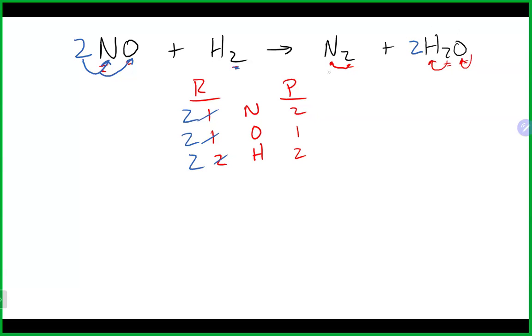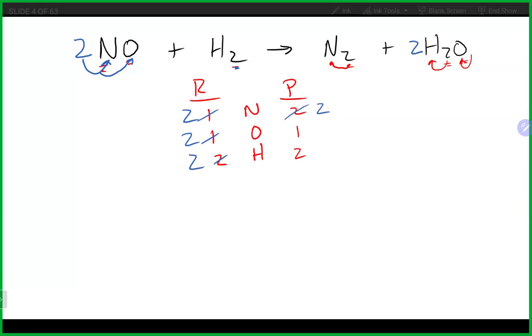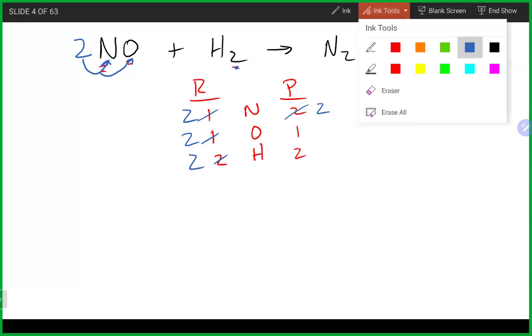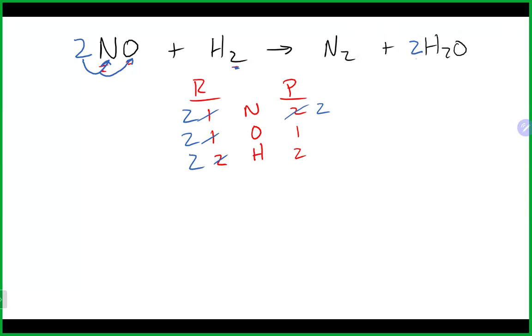Once again, this 2 that I put up there will go for everybody behind it. So that 2 is going to go to the hydrogen and also the oxygen there. So that means that I now have 2 oxygens on the right, and I have 2 times 2, which is 4 hydrogens now on the right.